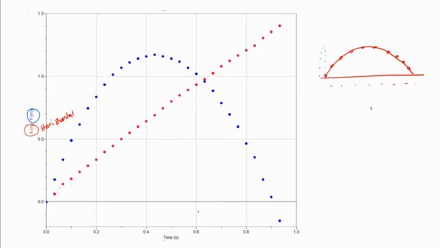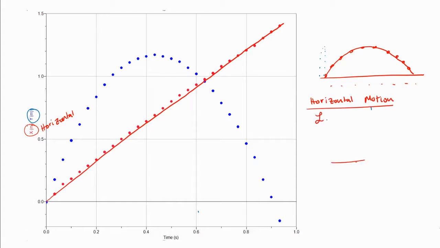So let's take a look at what this is showing. The horizontal motion is a linear line. So think back, this is a position versus time graph. For horizontal motion, if we're getting a linear line, then what that tells us is a constant slope, which is therefore a constant speed.